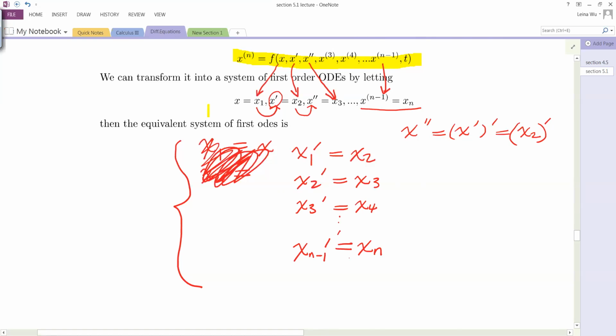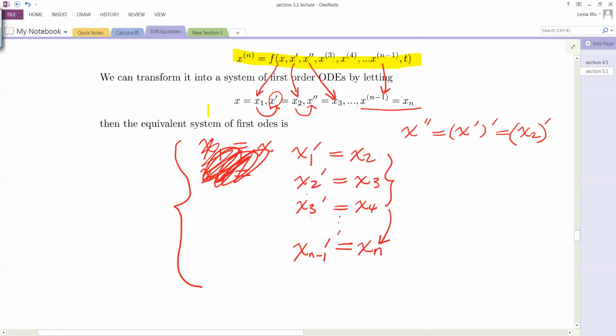Do the first three equations make sense to you? Yes. Okay. And based on this pattern, you can get this equation right here, right? Now these are about x1, x2, x3 up to x of n minus 1.